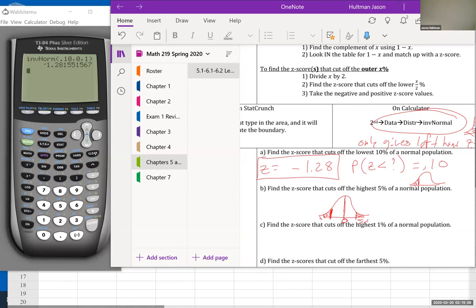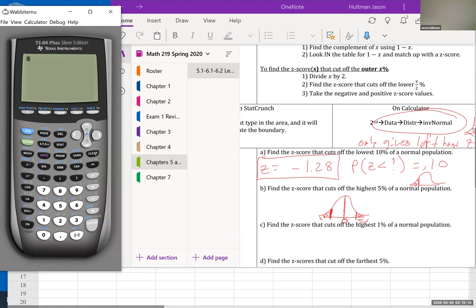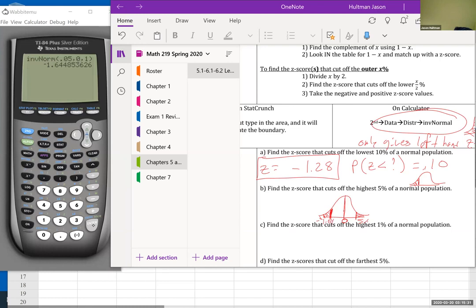Because if I do 5%, which is 0.05, second vars, and I do inverse norm of the lowest 5%, then that's negative 1.64. But because of the symmetry, what would that make the cutoff up here?